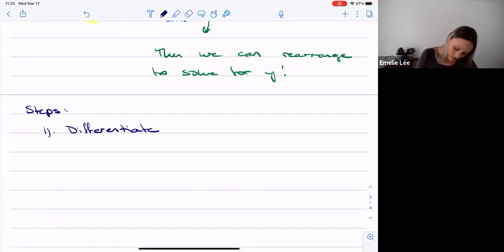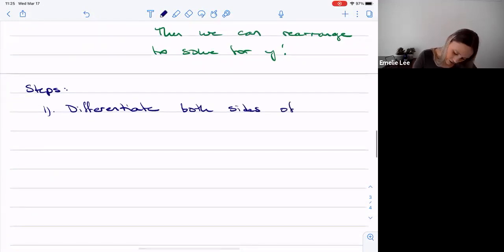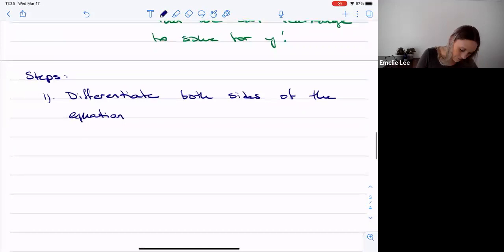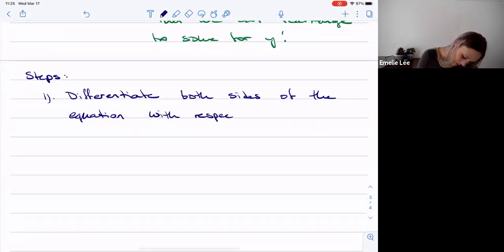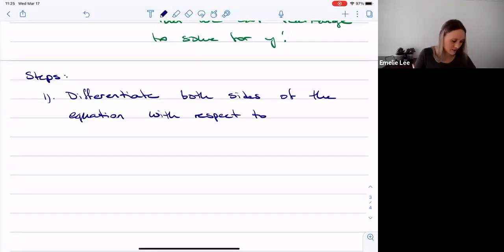Way. We differentiate both sides of the equation with respect to x. Usually I just write WRT, but I'll introduce it there, with respect to x.